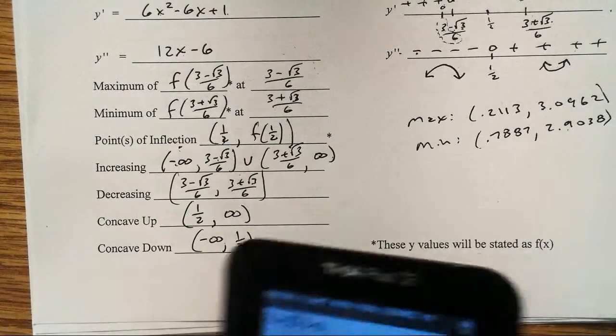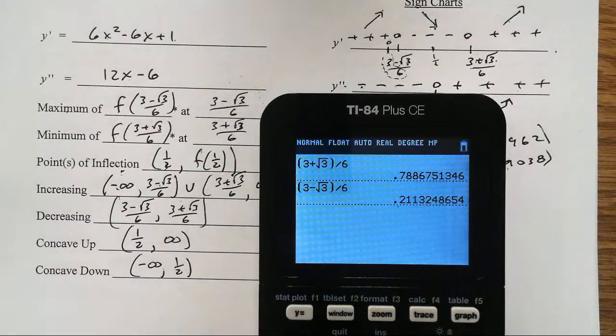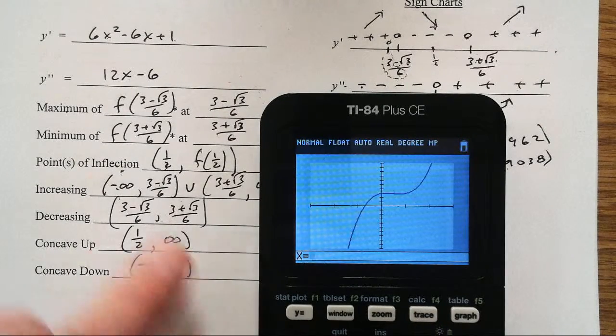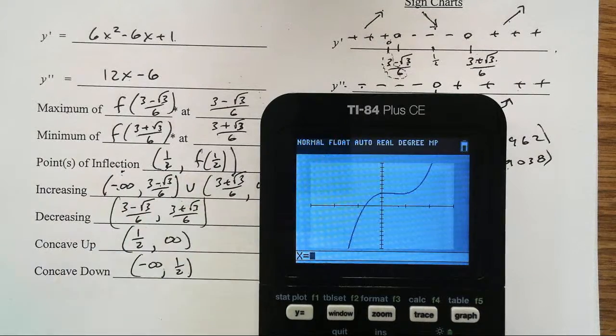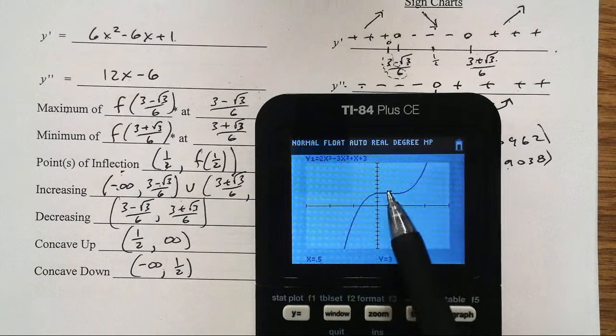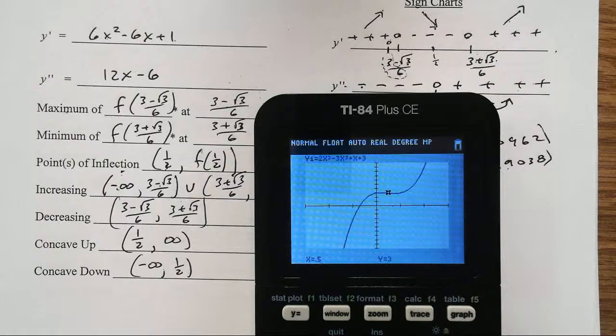And let's take a look. Here we can't be exactly sure, but let's take a look at that inflection point at 1/2. Second calc value, I'm going to put in 1/2 or 0.5, and that point does look sort of like it would be right there where we quit cupping down, start cupping up.